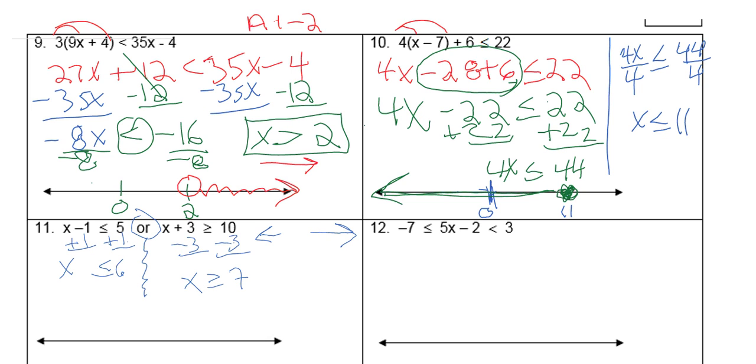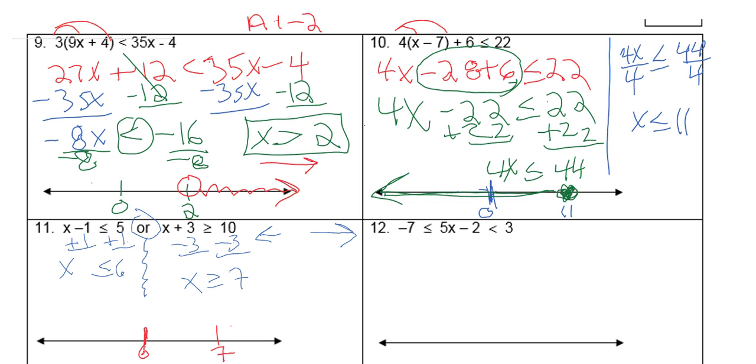So the second direction is going to be starting to shade above or greater than where x is equal to 7. So let's just identify these two. That might be 6, and 7 might be right here.